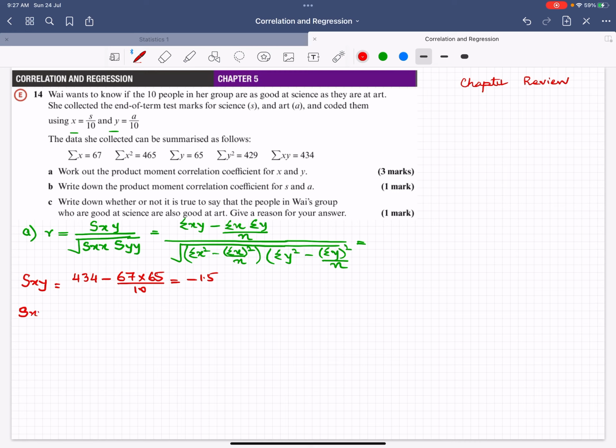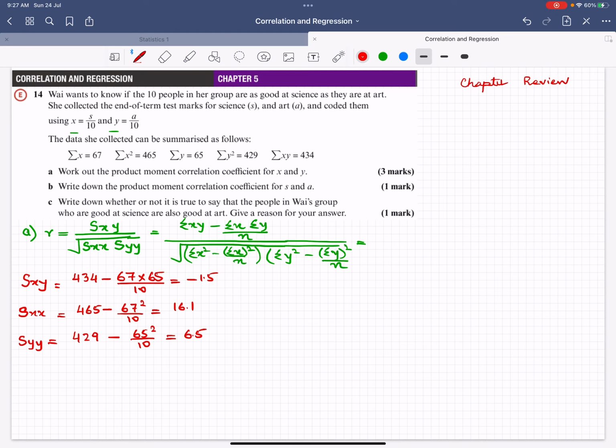Sxx is equal to 465 minus 67 squared divided by 10, that is equal to 16.1, and Syy is equal to 429 minus 65 squared divided by 10, and that is equal to 6.5.